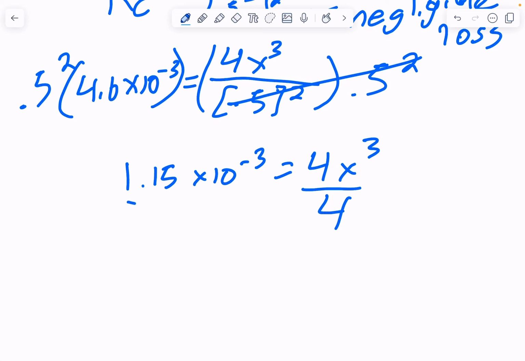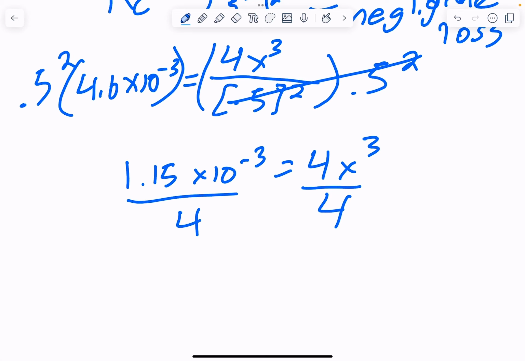I divide both sides by 4. That gives me x to the third is equal to, approximately, 2.9 times 10 to the negative 4.